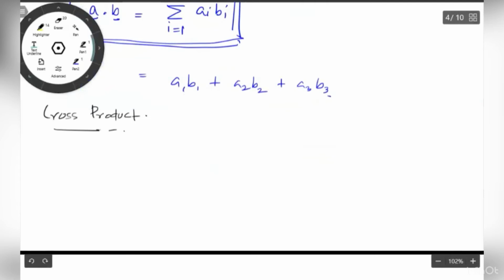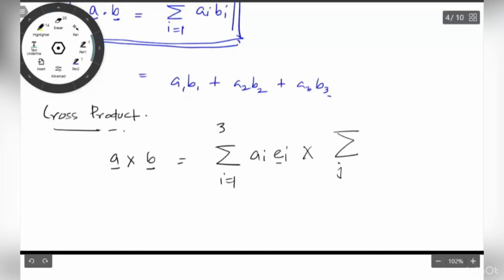Let's say I need to find A cross B for the same vectors as we have defined: summation of i equals 1, 2, 3 of ai ei, cross summation of j equals 1, 2, 3 of bj ej. It doesn't matter how you write it.